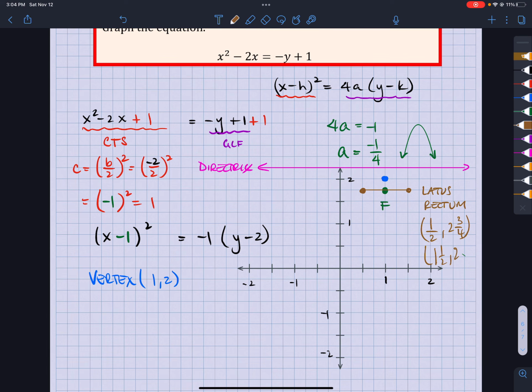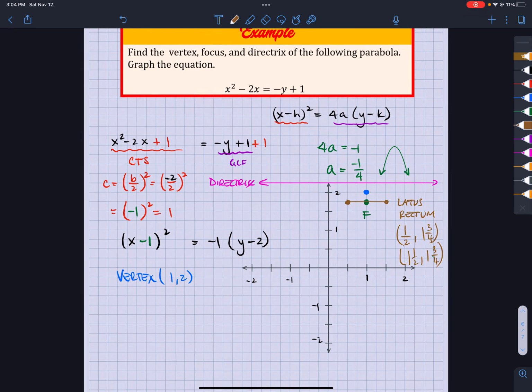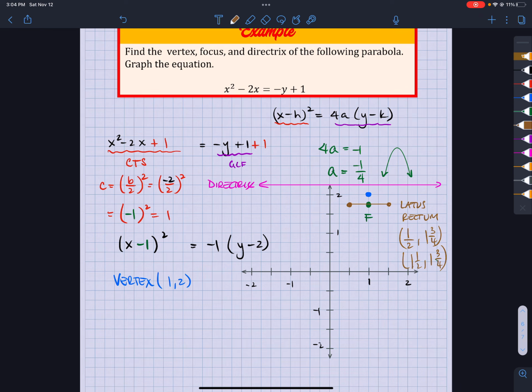I'm sorry, 1 3/4. Okay. So those are the things that you kind of want to make sure that you can do. All right. And if I'm to draw this, it should look something like this.